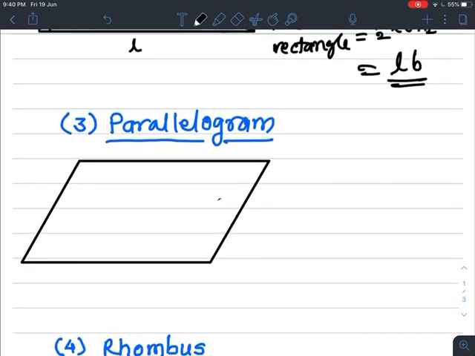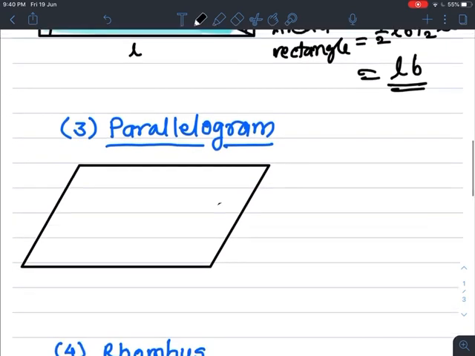Now the parallelogram. So I will draw it here. So we know the properties of a parallelogram: opposite sides are parallel, and opposite sides are equal. If I draw a diagonal, then it is again divided into two triangles.